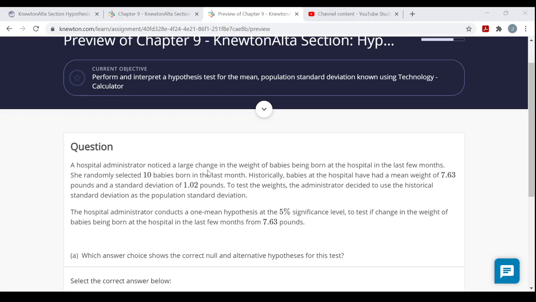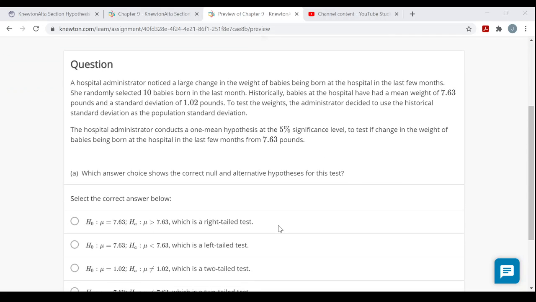So she's testing if there's a change in this mean weight. The null hypothesis is that the mean weight is 7.63 pounds for all the babies at this hospital. The alternative hypothesis, which is the claim, what's being tested, is that there's a change in the weight, so that the mean is not 7.63 pounds.